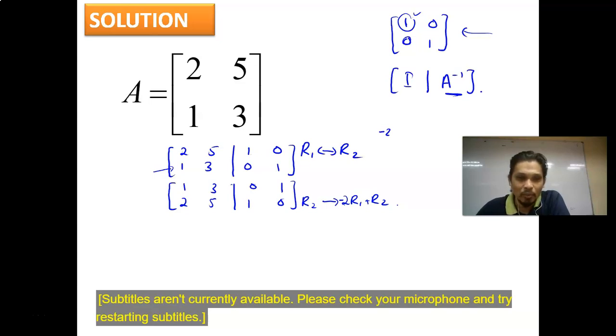R1 here is 1, right? Negative 2 times 1, plus R2, which is 2. So negative 2 plus 2 equals 0. That's it: 1, 3, 0, 1, and 0 here.